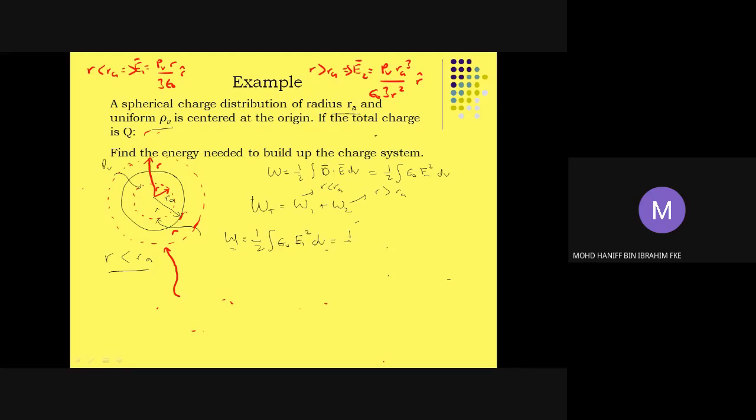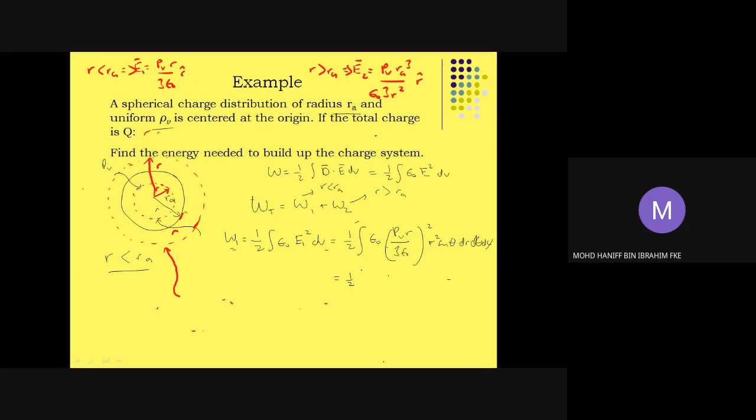For E1 squared we just consider the magnitude, so that will give us rho v R divided by 3 epsilon naught, squared. dV will be R squared sine theta dr d theta d phi, because we are dealing with the spherical coordinate system.